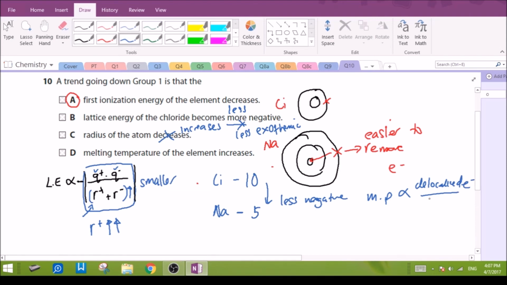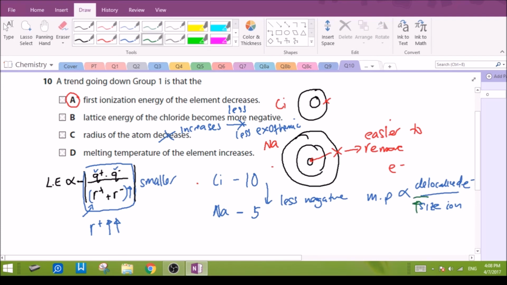And then indirectly proportional to the size of the ion. Right, because the number of delocalized electrons per atom remains the same, it's also 1 delocalized electron per atom down the group. What we use to compare will be the size of the ions. The size of the ions down the group increases.